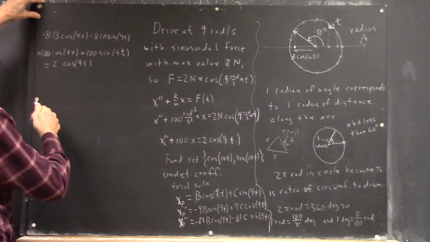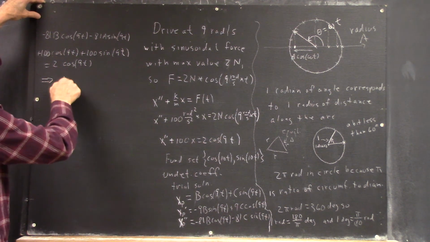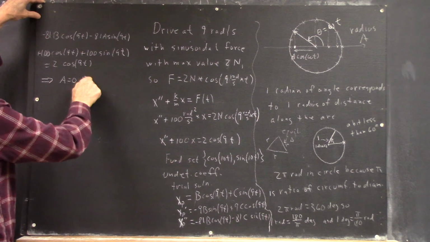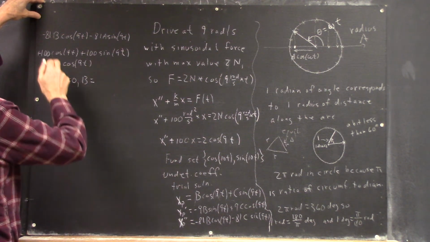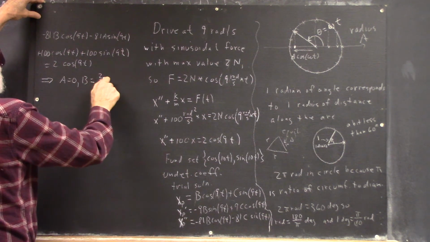Well, this tells us that c equals 0 and b equals 2 over 19.